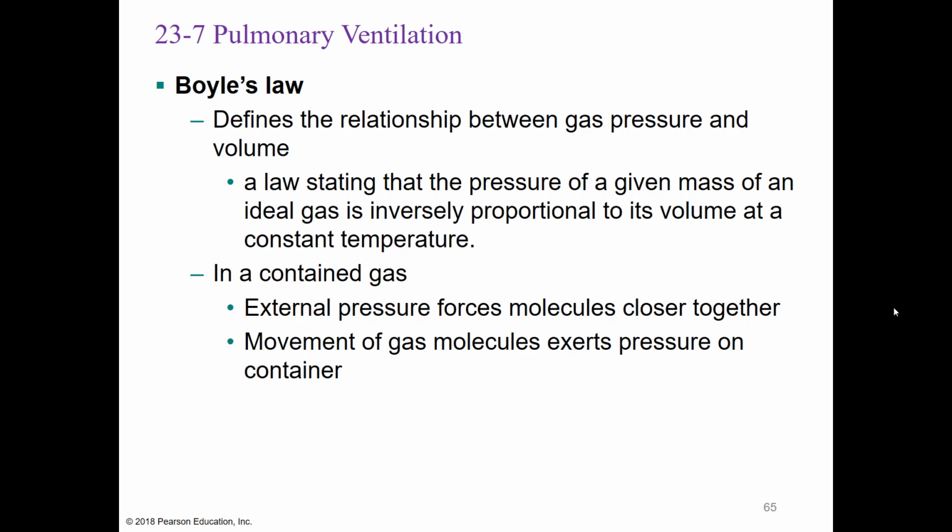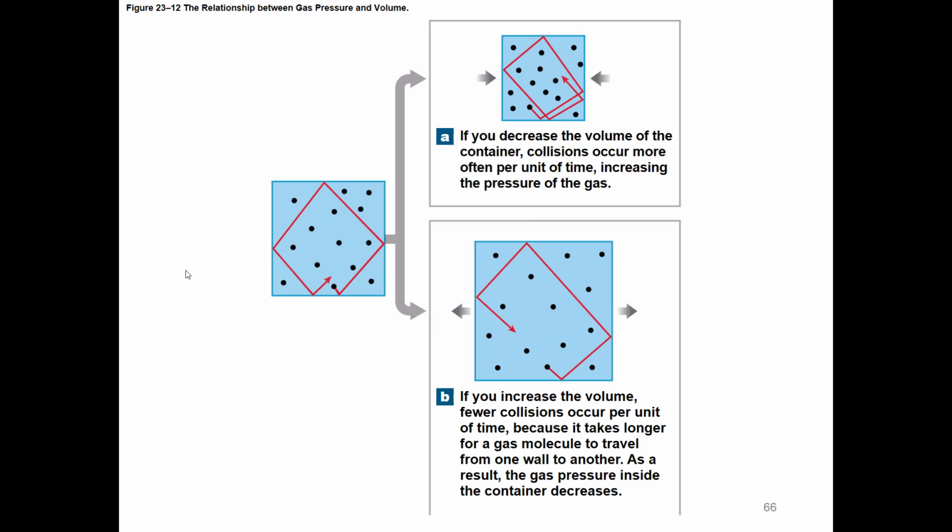So let's look at a figure to try to help us figure this out a little bit more. Here is a container that has gas molecules in it. You can see with the red arrow that represents the gas molecules bouncing off and colliding with the inside of the container. If we take this same container and decrease its volume, so we make it smaller, the collisions of these gas molecules will happen more often because there's less room for them to bounce around, so they're going to hit the walls more often.